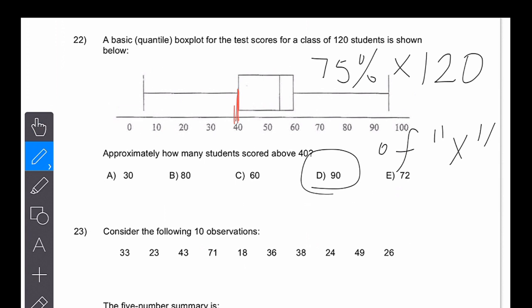So that means 25% of the observations are here, and 75% of the observations are here. The question is, how many students scored above 40? So I'm asked about how many students are here. 75% of the students are here, so I just multiply 75% times 120. When I do that, I get 90. So 90 students are here and 30 students are here. Okay?